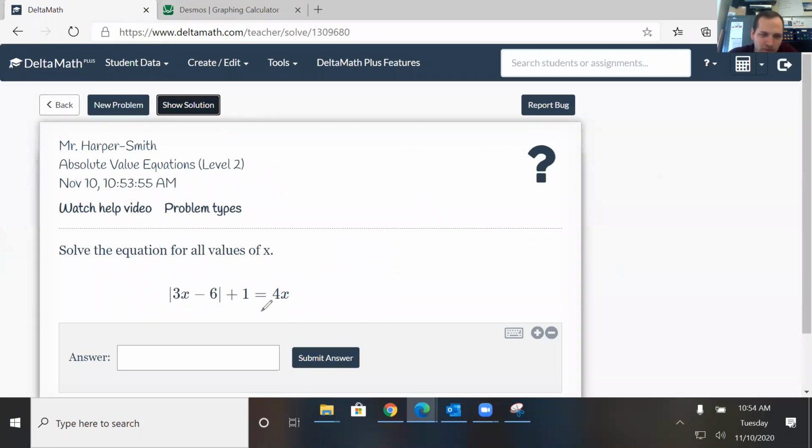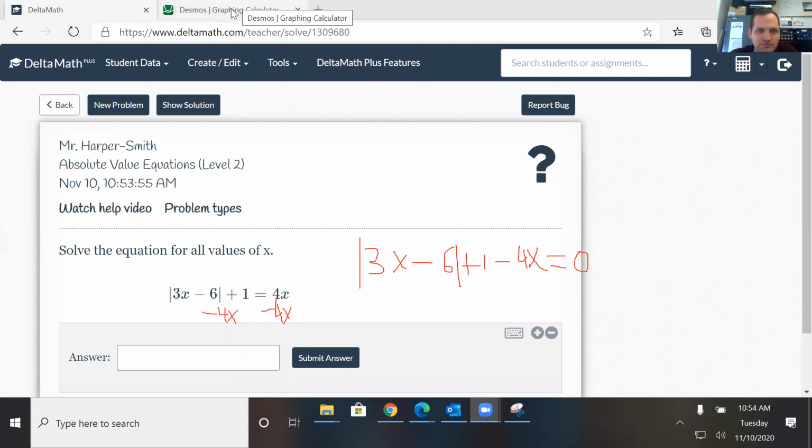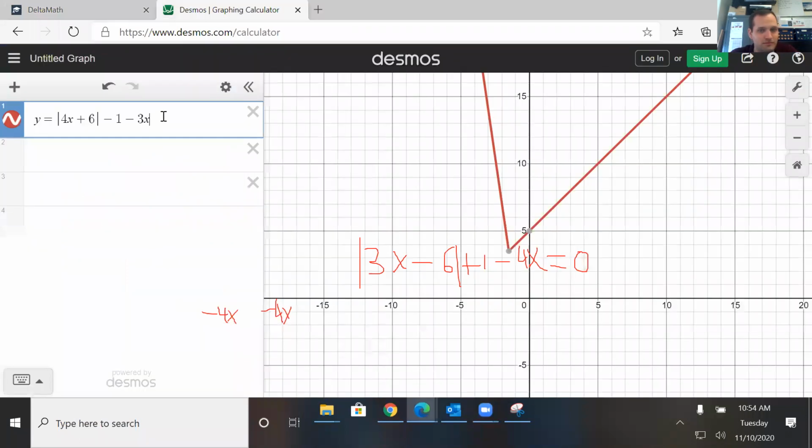All right. So the same thing, we subtract 4x from both sides, minus 4x. Awesome. That's gonna give us the absolute value of 3x minus 6, plus 1, minus 4x equals 0. Okay. I'm going to plug this in.